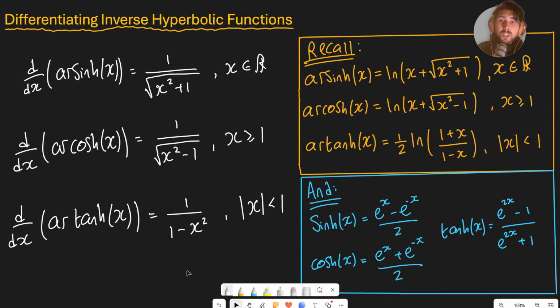If you're going to differentiate something like x times r cosh x, you still need to use the product rule. And if you want to differentiate something like r tanh x over e to the x, you still need to use the quotient rule. So you still need to use all the rules of differentiation. Don't forget about those, okay? So we'll do examples maybe in the next video, but for now, just deriving them.